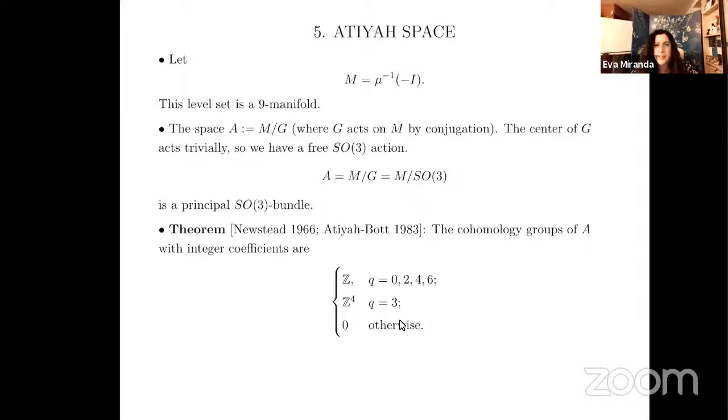We see Atiyah's space on the screen. Oh. 5. Yes, I know, but are you? We cannot see you writing or. Right. So there's something wrong with the pointer. Anyway, should I? I don't understand what's wrong with this.